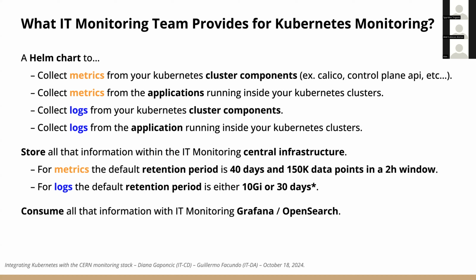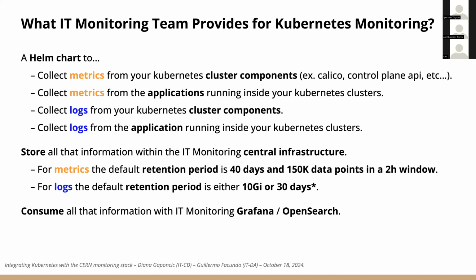In both cases, we can get information from the cluster components themselves, like for example the Calico pods that are running there, or the nodes, the control plane, whatever, but also from the application side, the user workloads that are really important for us. Then once the metrics and logs are collected, we store them in our central infrastructure.